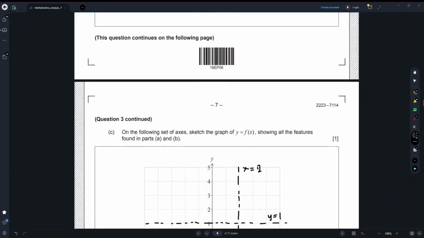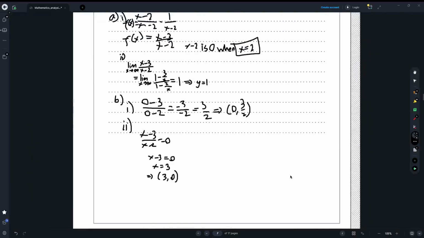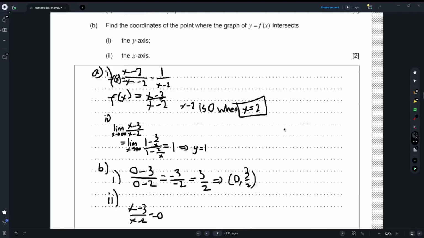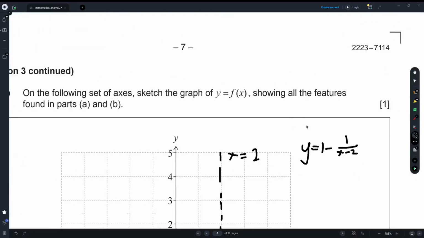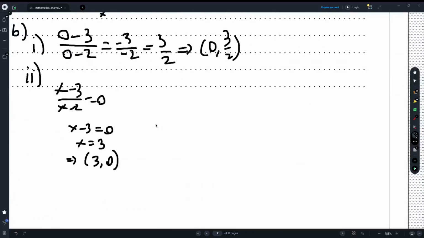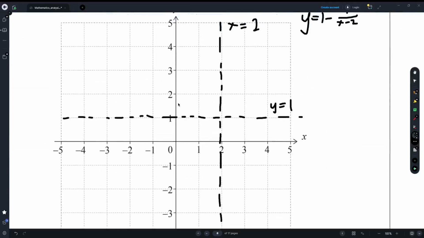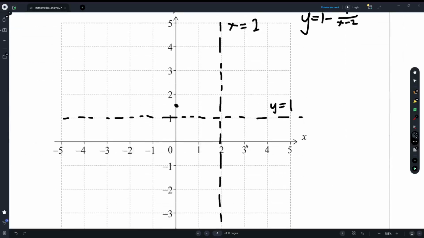Now that we've done this, we can go ahead and write the function here, which is going to be 1 minus 1 over x minus 2. And we know that it passes through these 2 points, so 0, 3 over 2 is going to be about right there, and 3 comma 0.